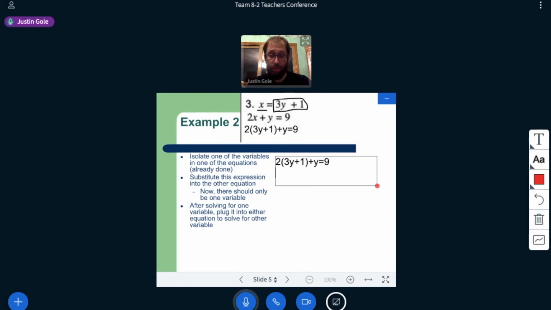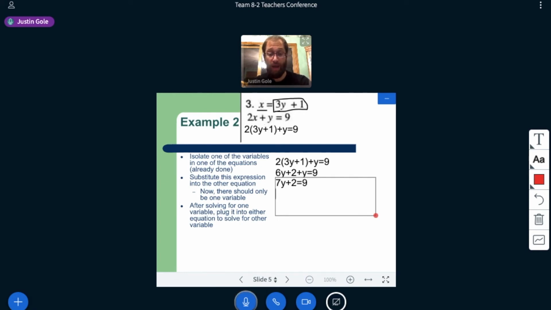All right, so when you multiply this through, you get 6y plus 2, plus y equals 9, right? I distributed 2 times 3y, 6y, 2 times 1, and now we're going to get 7y plus 2 equals 9.